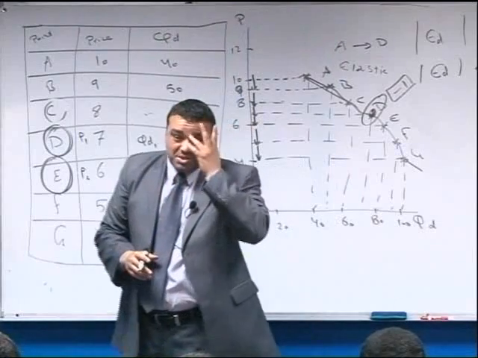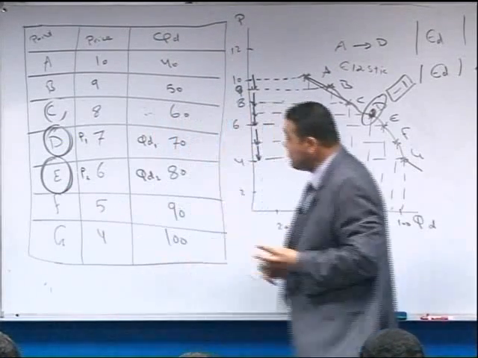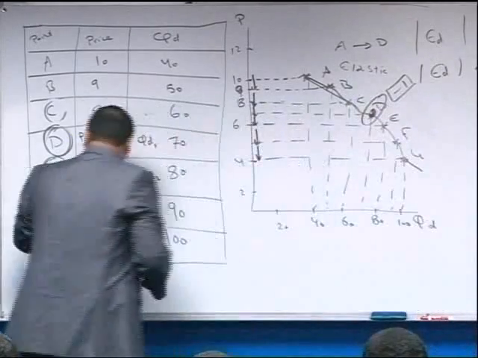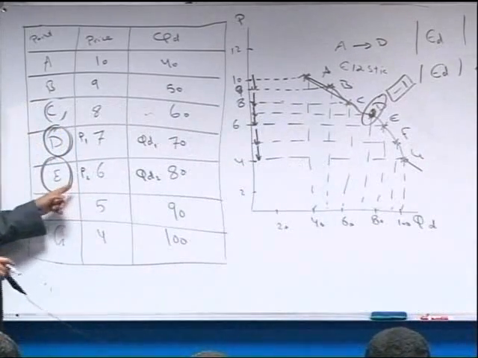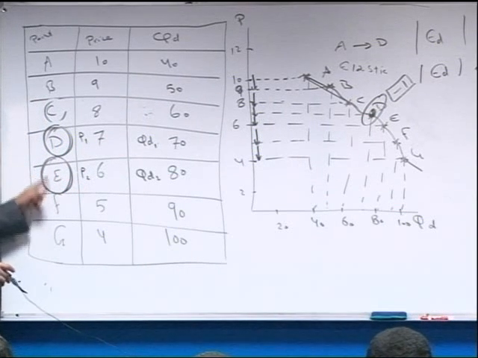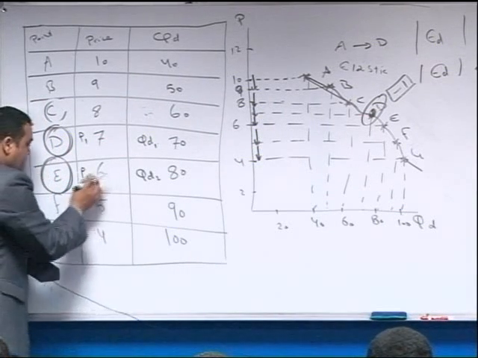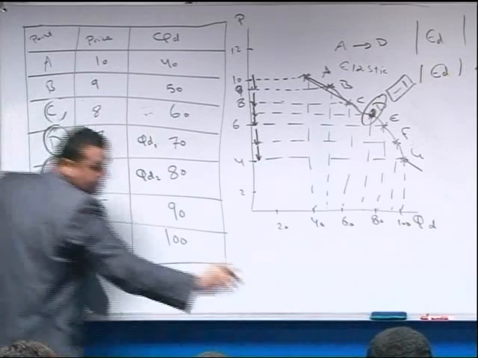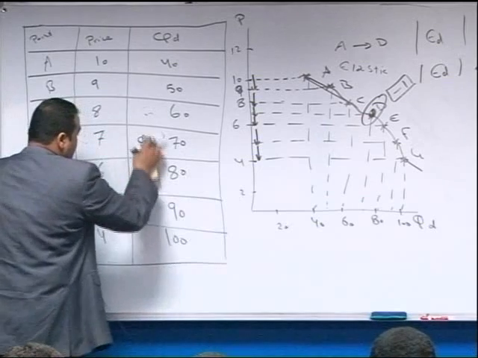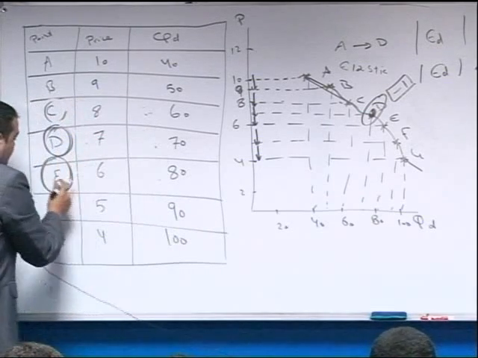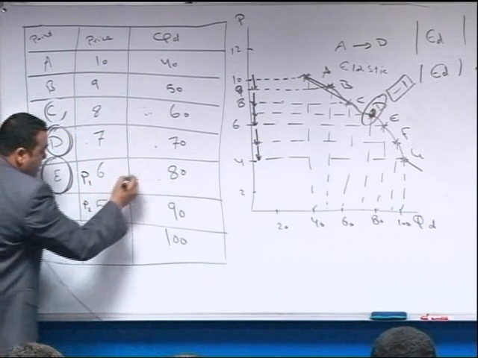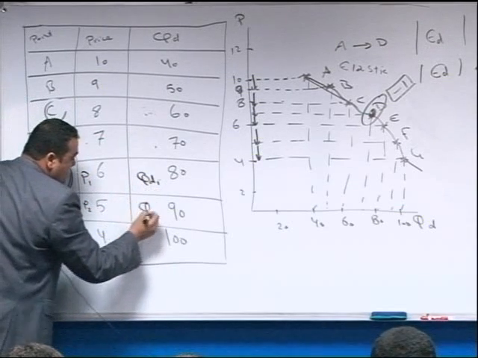I have another question. As you know, we calculated the price elasticity of demand from point A to F. This is price 1, price 2, QD1, QD2.